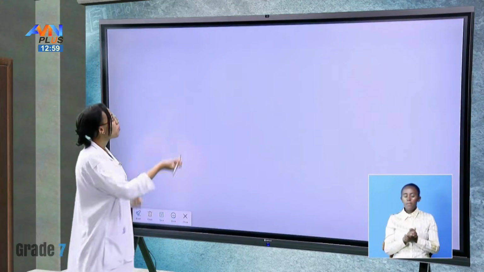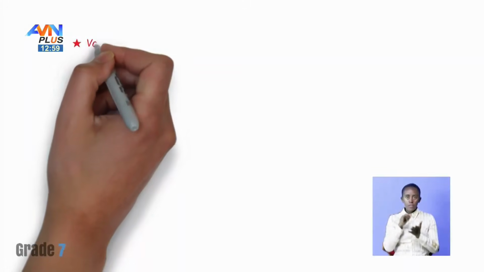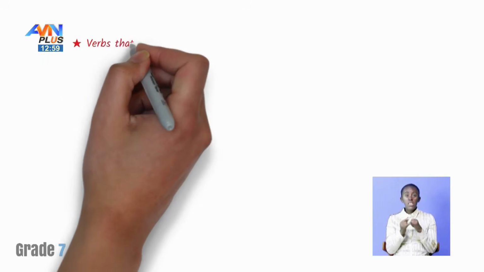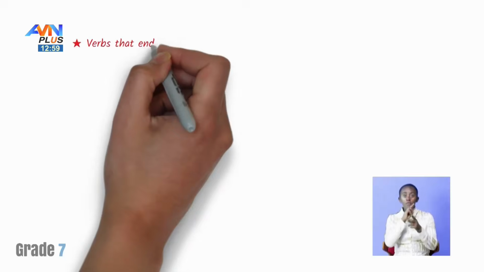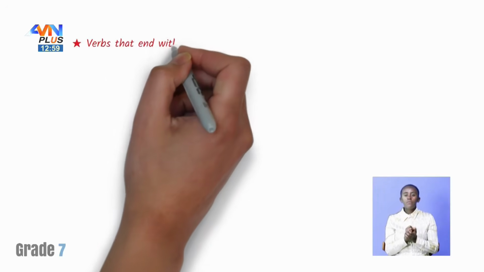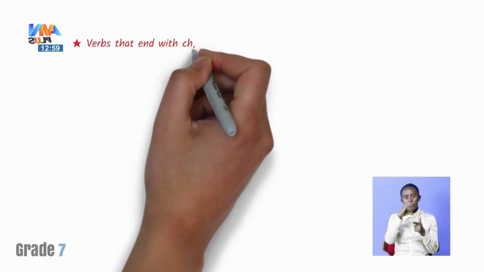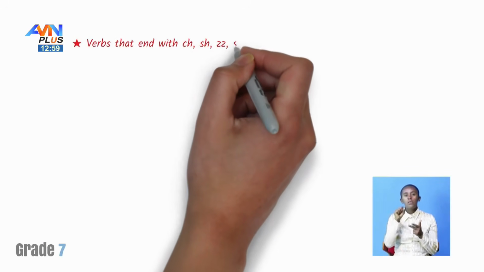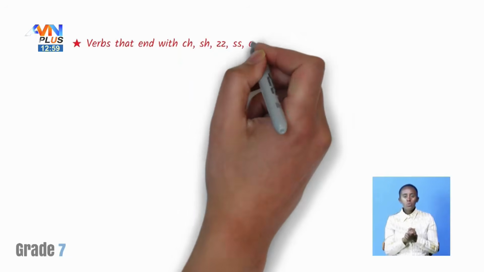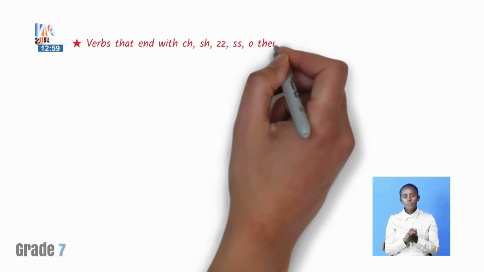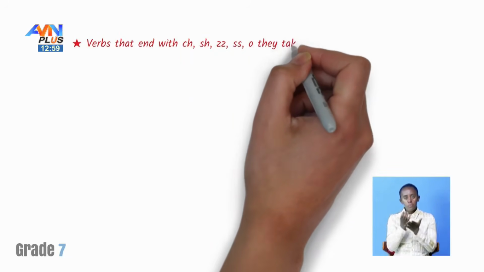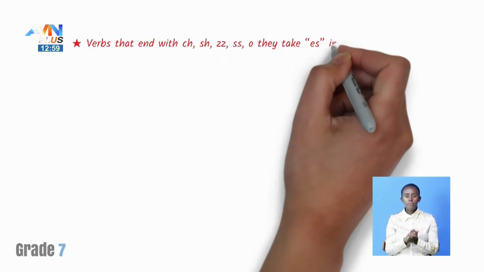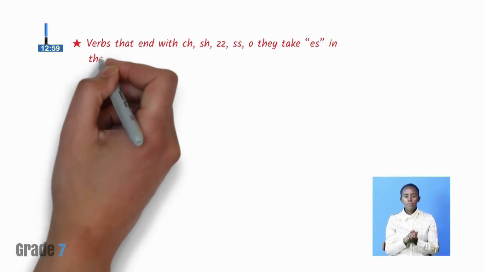For example, verbs that end with CH, SH, double Z's, double S's, O's. They take what? They take ES in their form.